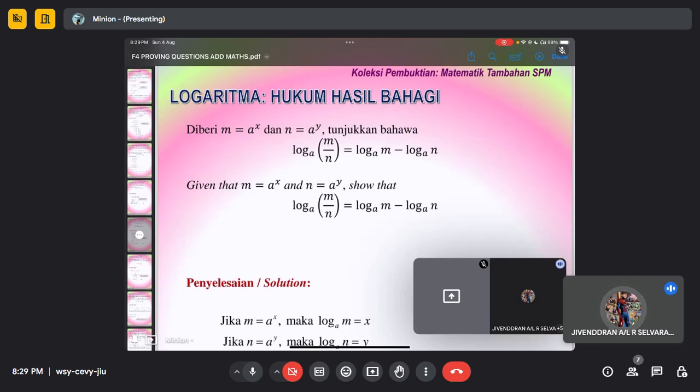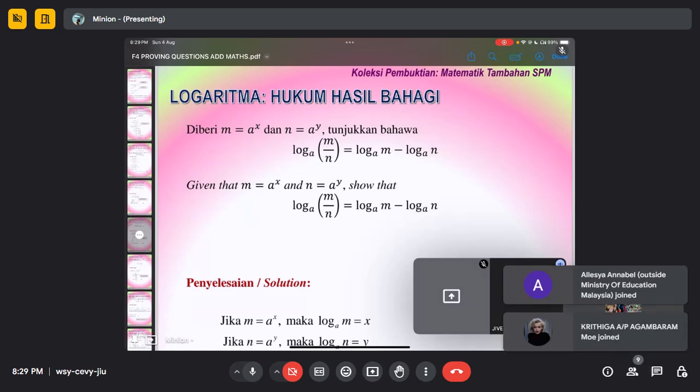Okay, so the same thing, the question has given m equals a power x, n equals a power y. So we insert log to both sides, and then we will get log a m equals x, log a n equals y.